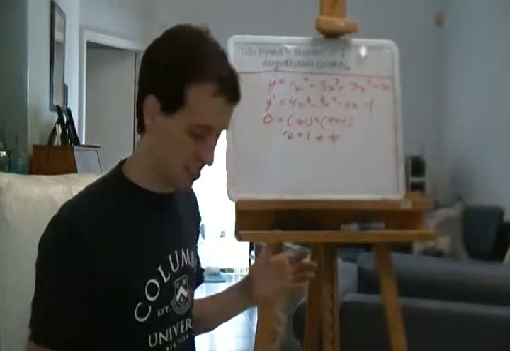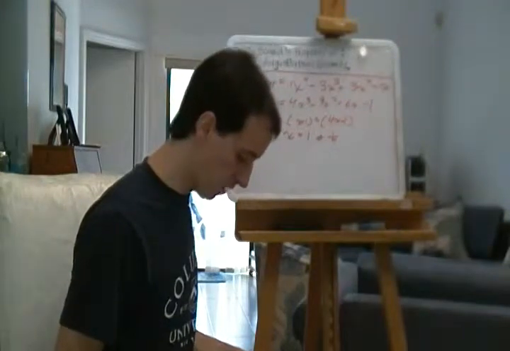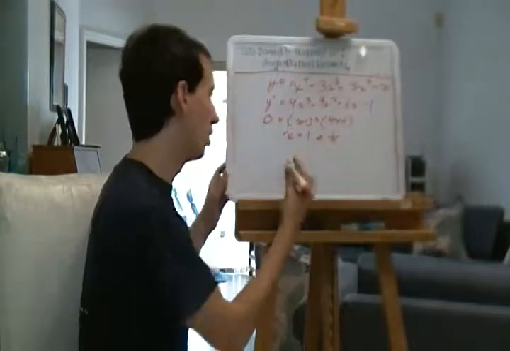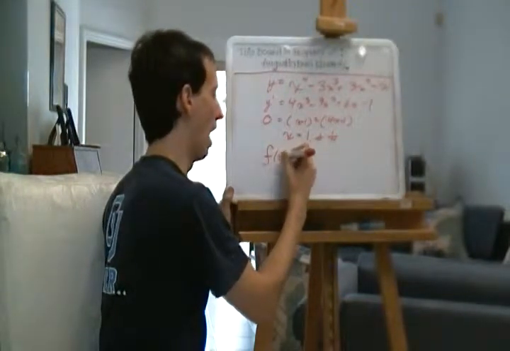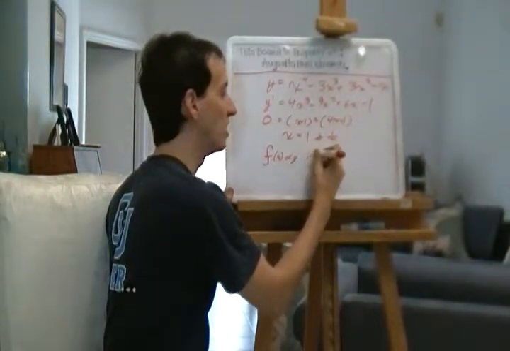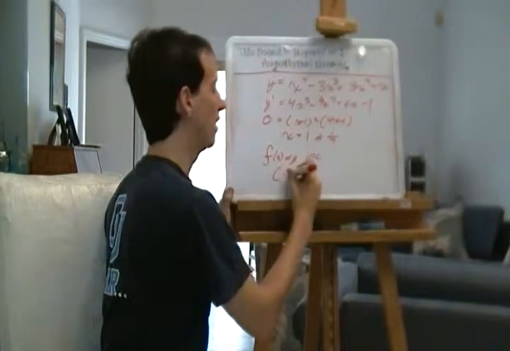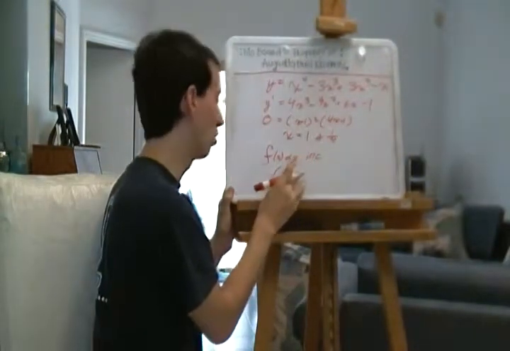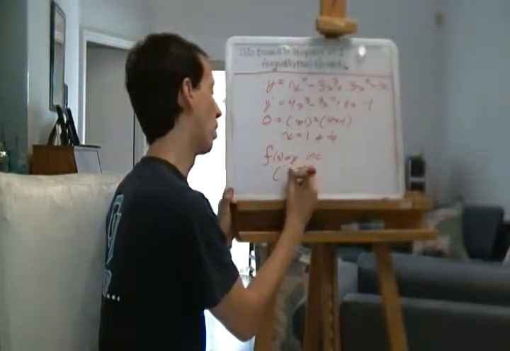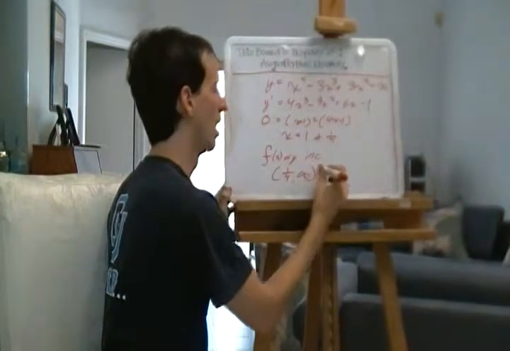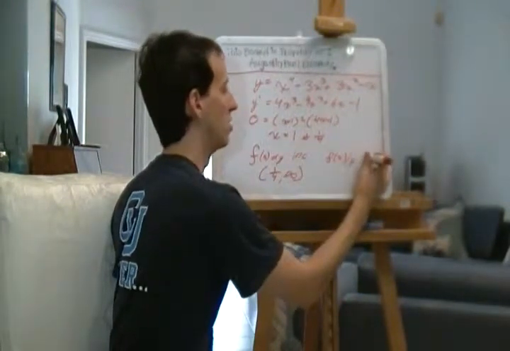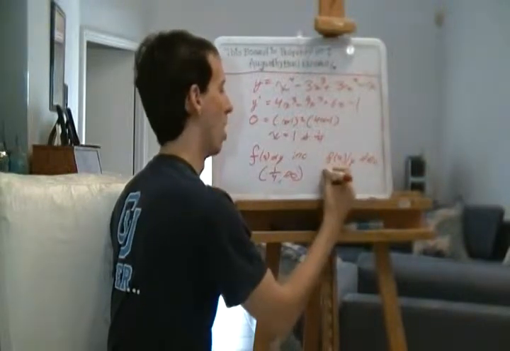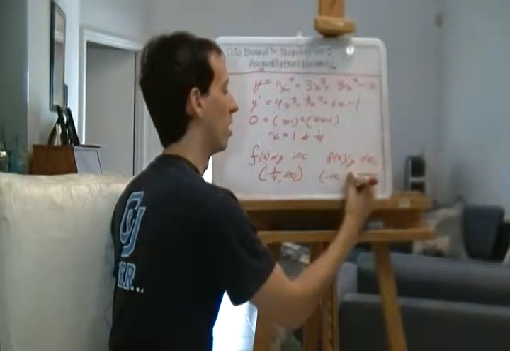So you're going to need to test those points. And if you test those points, you'll realize that f of x, or y, is increasing on 1/4 to infinity, and f of x, or y, is decreasing on negative infinity to 1/4.